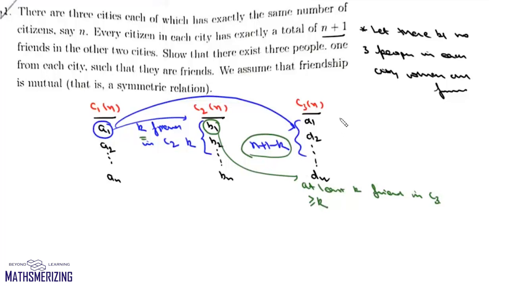So if we count the number of citizens in city 3, it will be greater than or equal to n plus 1 minus K, plus K. That means the number of citizens in city 3 should be greater than or equal to n plus 1. But we are given that this number is equal to n. That means there is a contradiction. So from the contradiction, we can say that there exist 3 people, one from each city, such that they are friends.